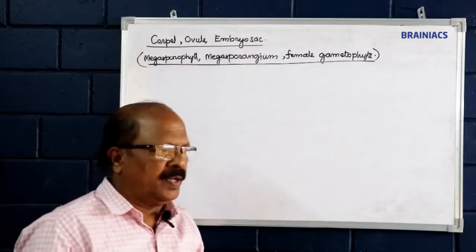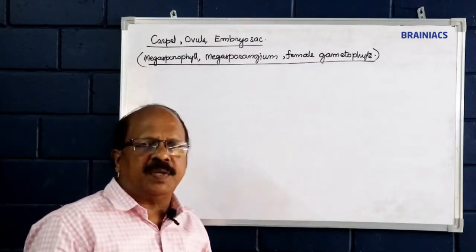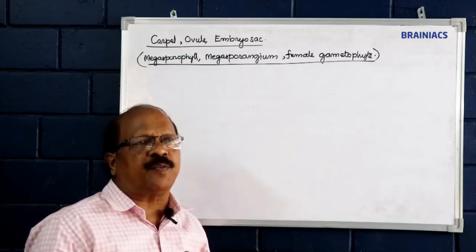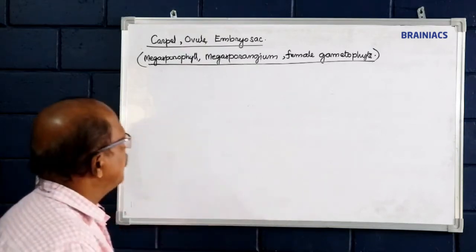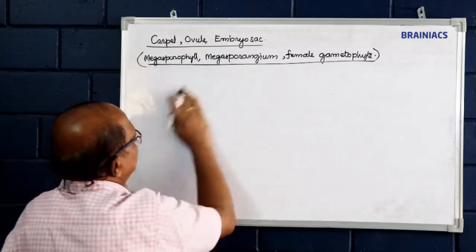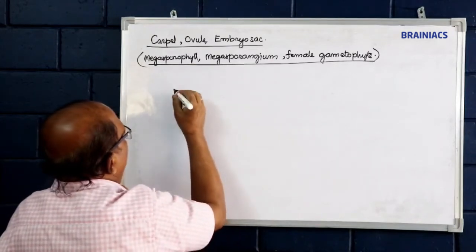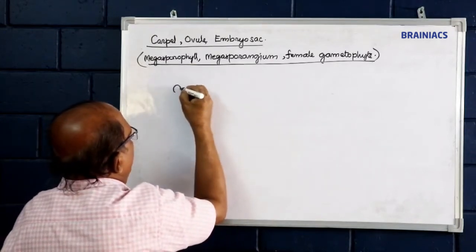See, gynoecium is the female reproductive part of a flower. Gynoecium, which is formed of simple units called carpels.